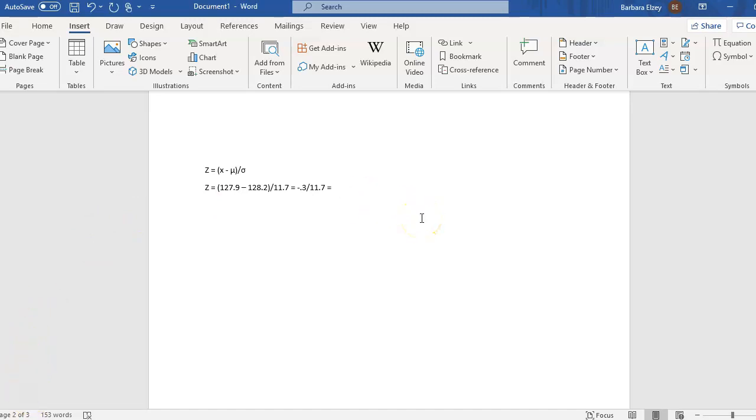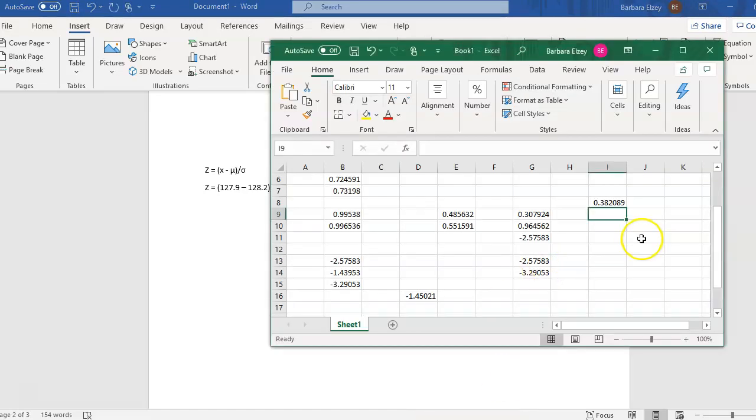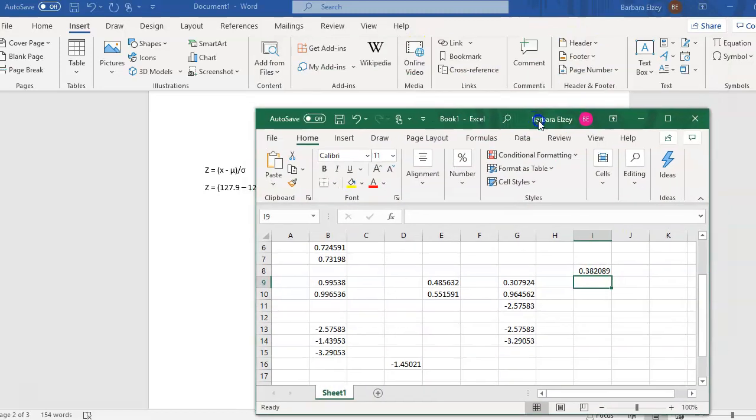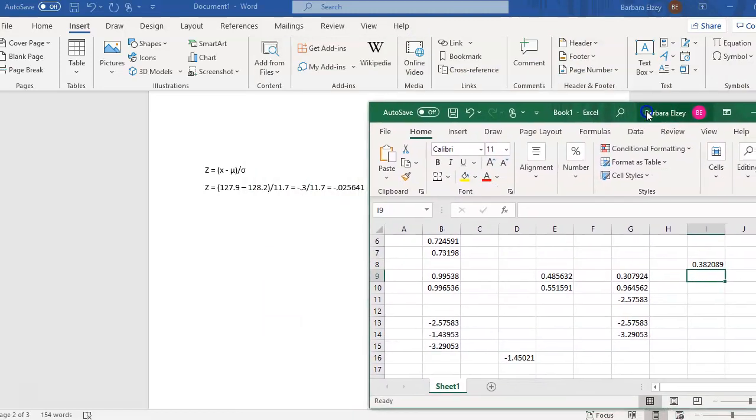And that gives us negative 0.025641. And actually the sixth decimal would be a 0. Oh, that is 6 decimals. Okay. So now let's take this and put it into Excel. And I have Excel open in the background. So let me move it down so I can see that value.